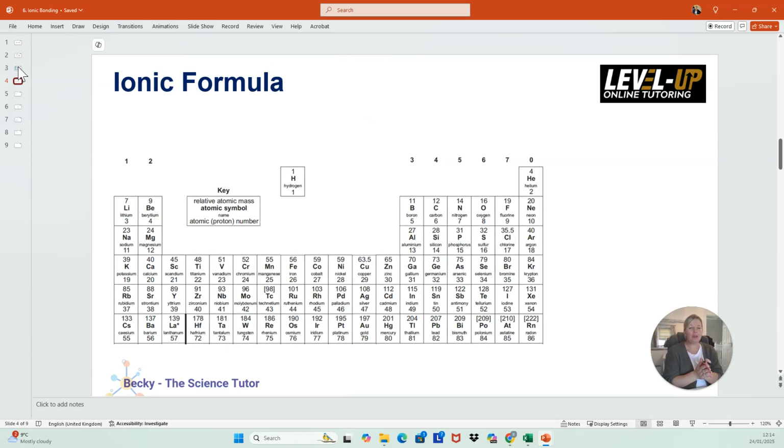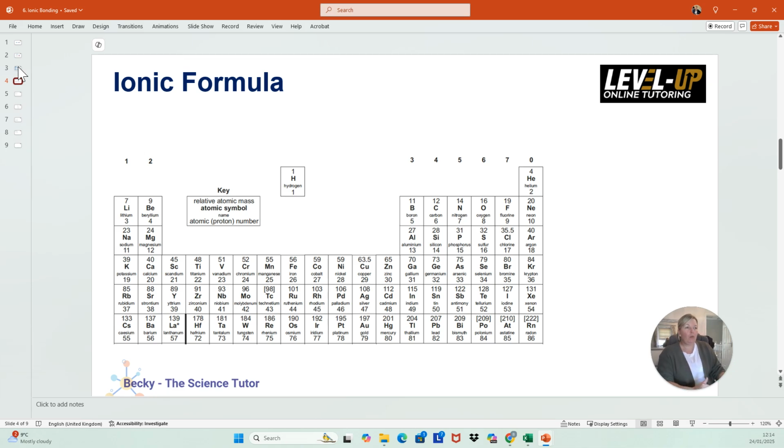Okay, so I'm going to show you how to structure those answers in a short while, but one thing I'm just going to touch on very, very briefly is these ionic formulae, because the harder level questions might give you the ionic structure and you've got to work out what it's done in terms of electrons. So this is aimed more at higher level students.